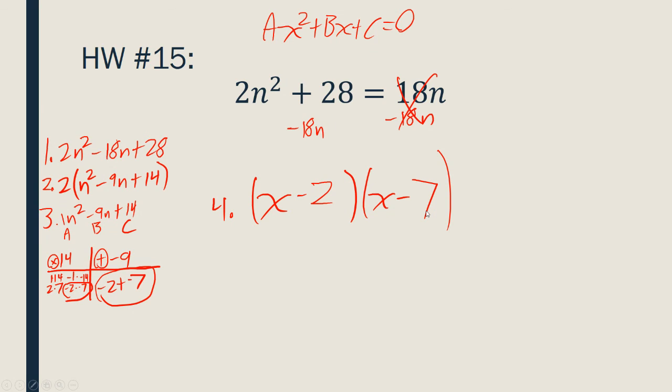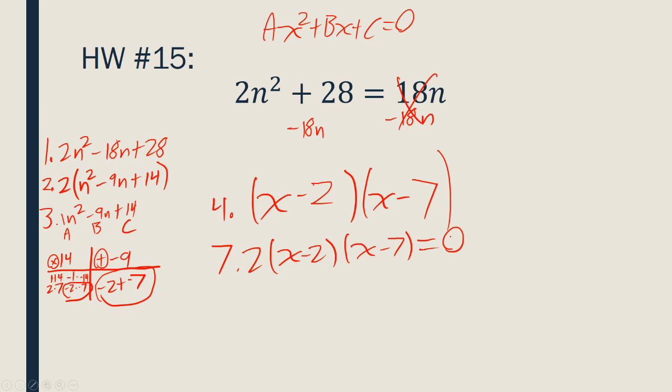So I've just skipped all the way down to step 7. Those are my factors, x minus 2 times x minus 7. Step 7 says I need to make sure to put this greatest common factor back out in front: 2 times x minus 2 times x minus 7 equals 0.